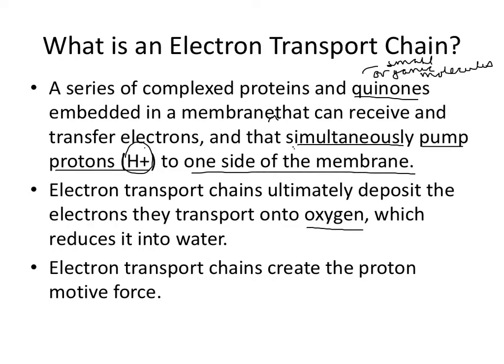Remember that oxygen is the terminal electron acceptor in the process of aerobic respiration. When that oxygen receives those electrons, it is reduced to form water, H2O. Electron transport chains create the proton motive force. Let's just briefly review what the proton motive force is.